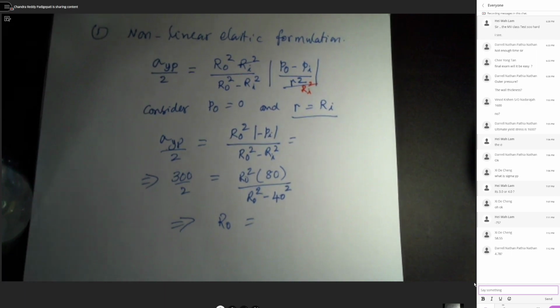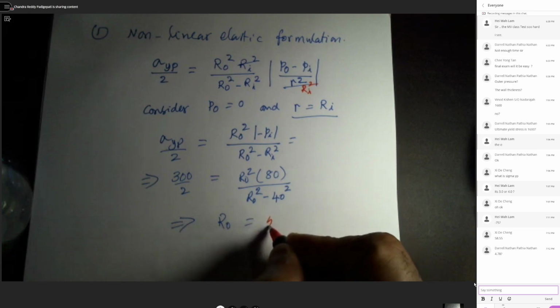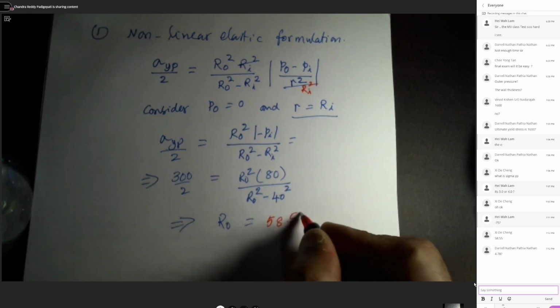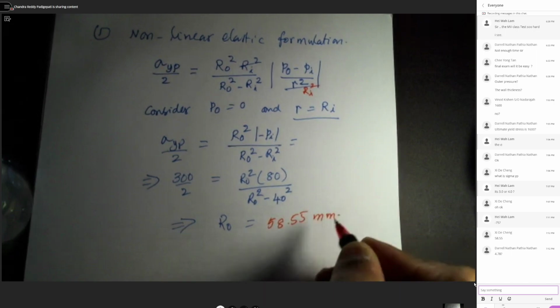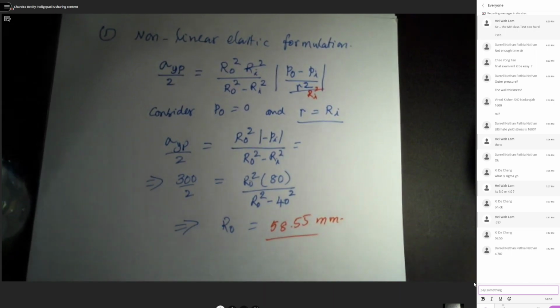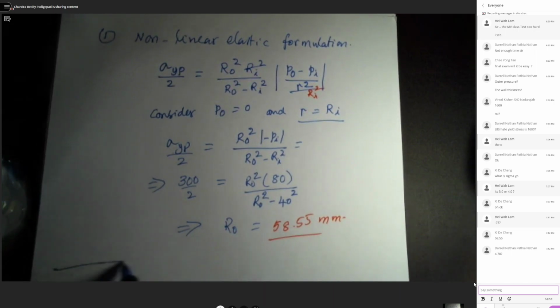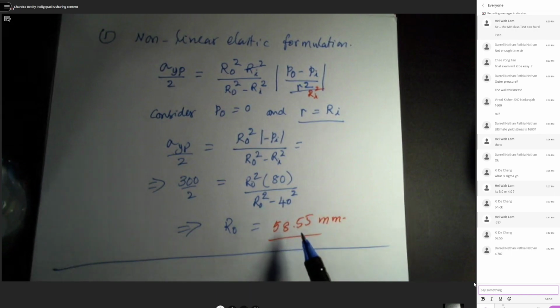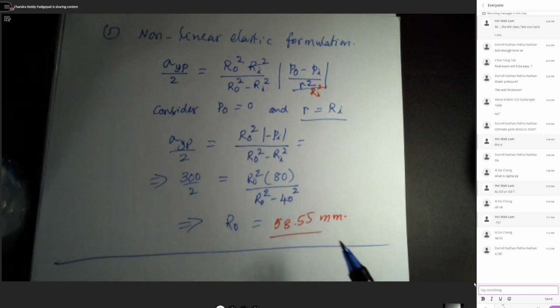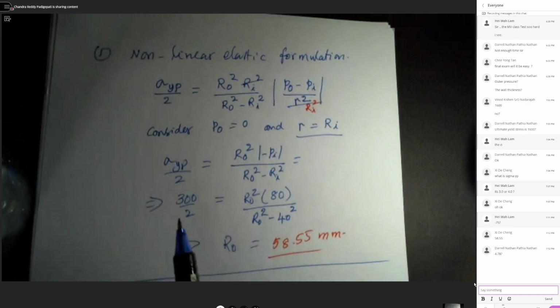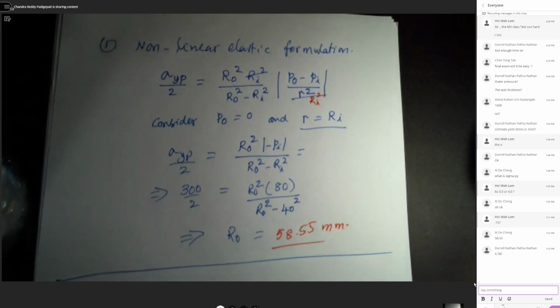And Daryl, no. So the outer radius you will be getting is about 58.55 mm. This is the radius which you propose when you're dealing with the nonlinear elastic formulation.